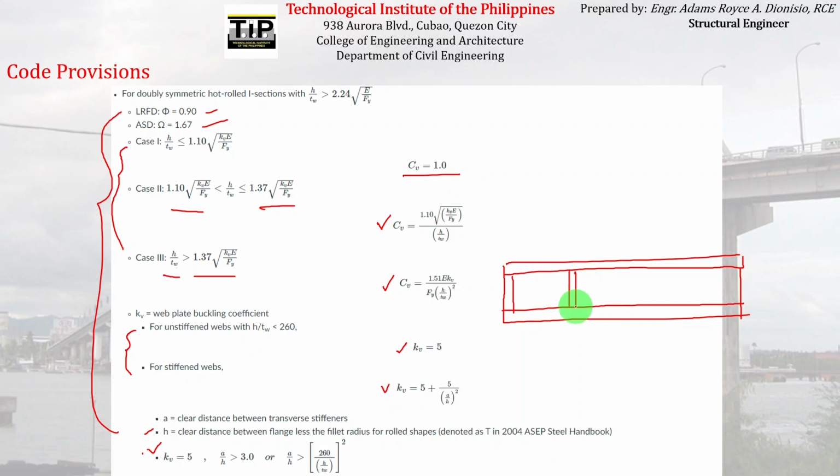That's actually just another plate that is put here to stiffen the web. That's why it's called stiffened webs. So that is the transverse stiffeners. This is the h that is being mentioned there on the formula, the spacing between transverse stiffeners.